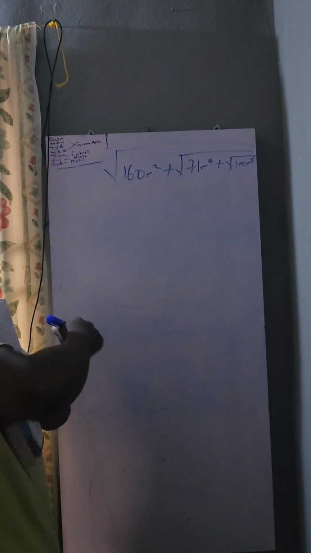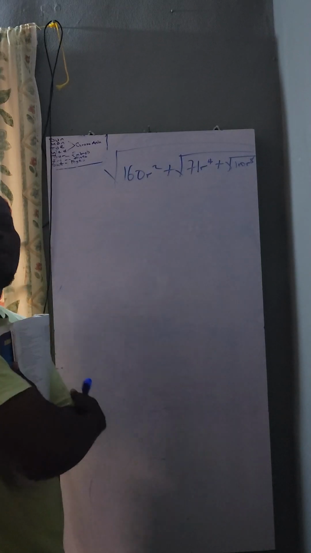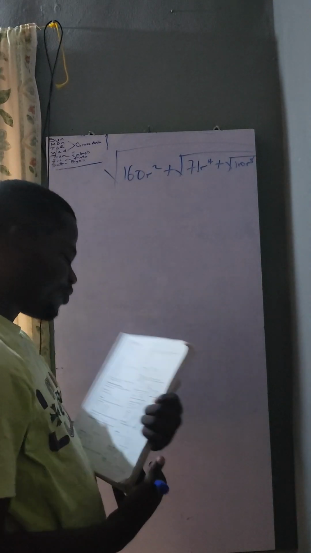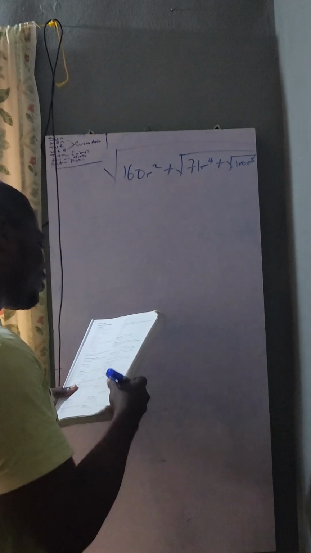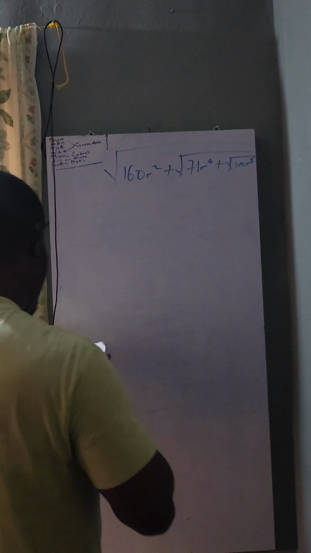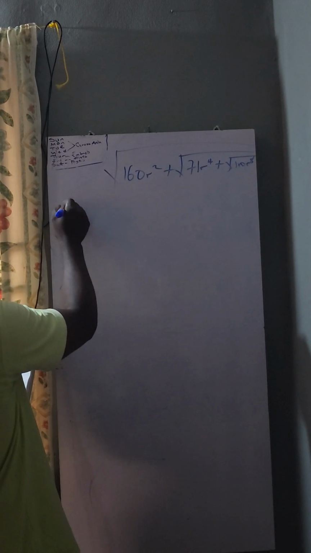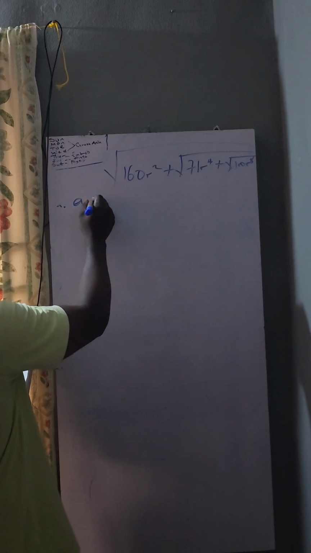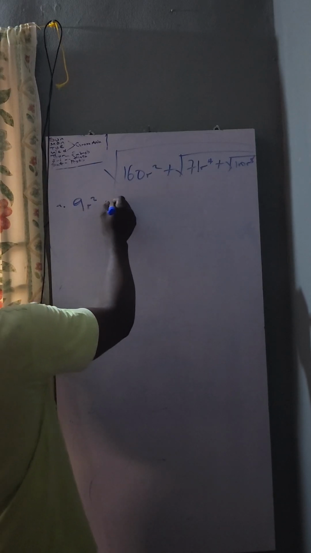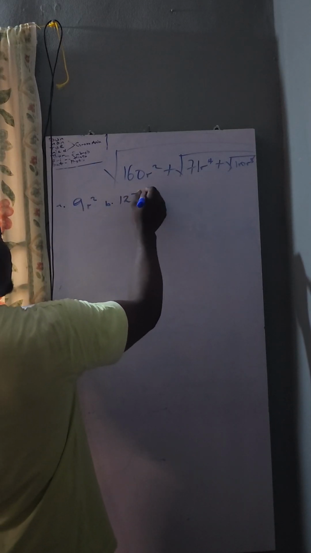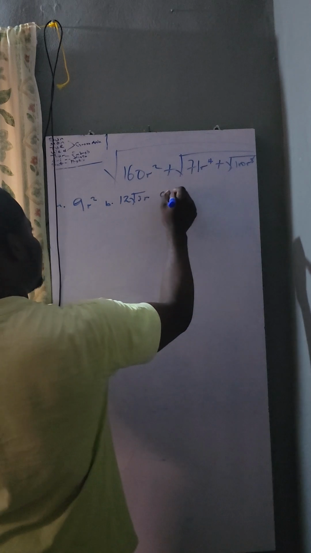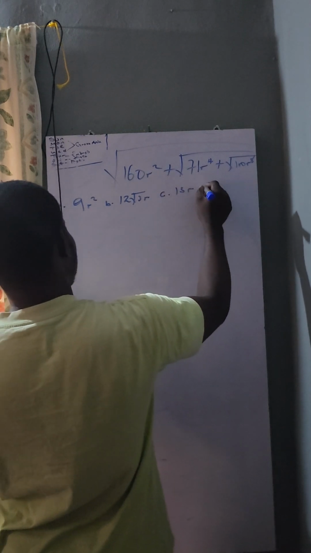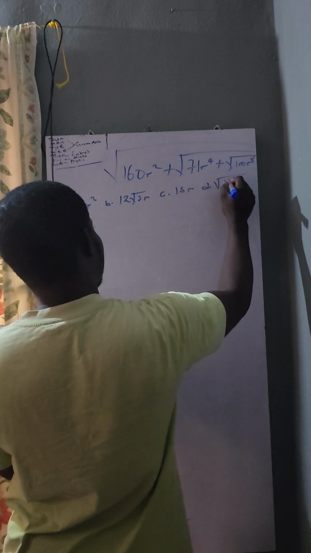Here are the options: A, 9r squared. B, 12 root 3r. C, 13r. Then D, the square root of 13r.